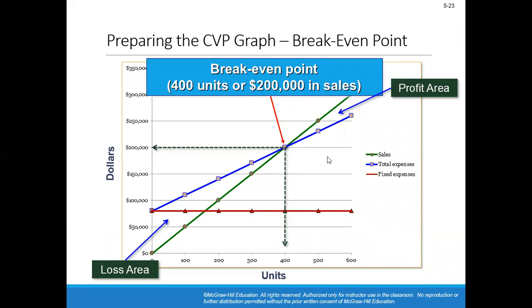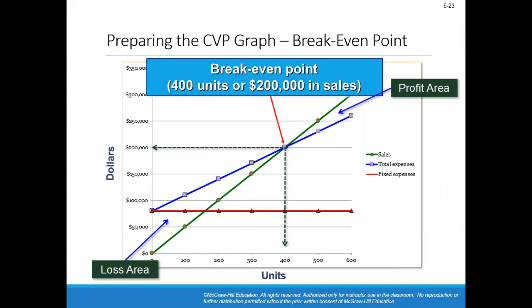You need to be precise if we have the numbers, and we can do the same thing for 600 units. We would get approximately 40,000 profit.